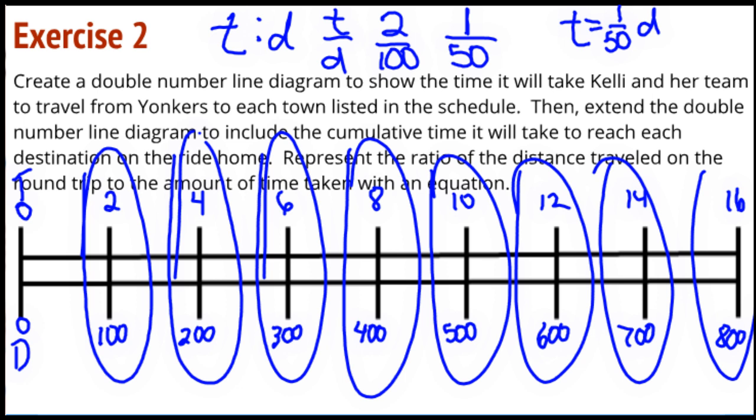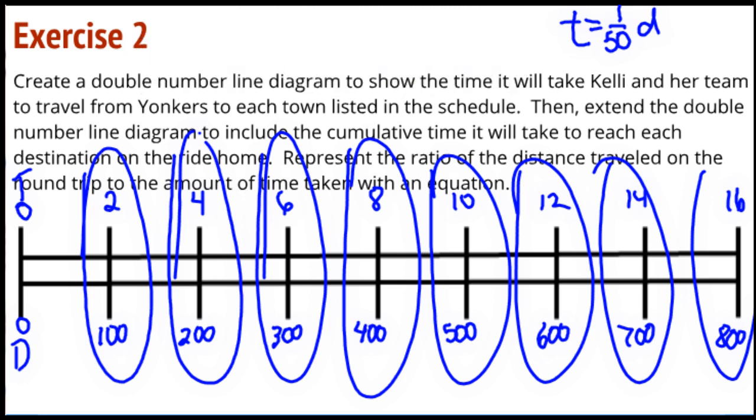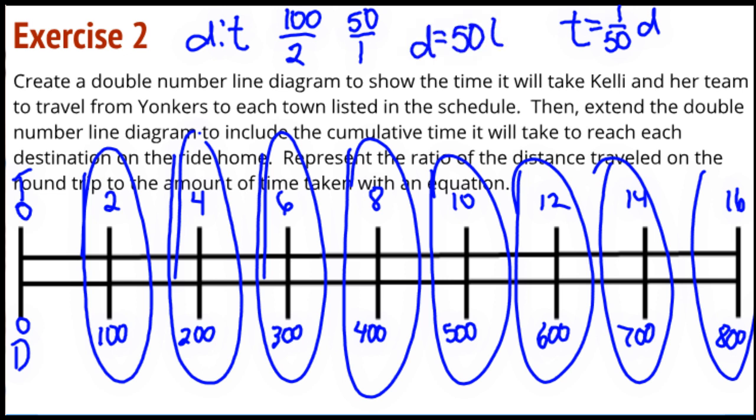Now I can turn that around, and by the way, this draws off of lesson 13. I know that the distance to time ratio is 100 miles for 2 hours. Writing it in the largest possible units, I know that I've got 50 miles in 1 hour. So I know that the distance is equal to 50 of the time.